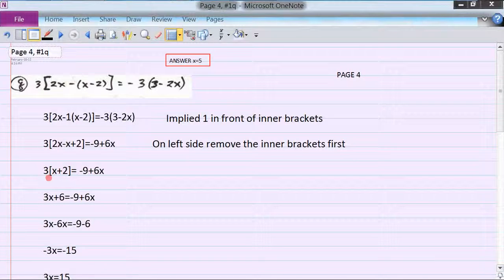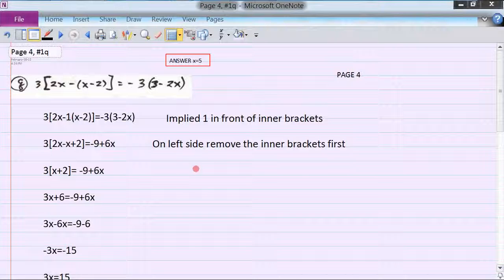Got the 3 here. And this minus 3 times 3 becomes minus 9. And minus 3 times minus 2x becomes plus 6x. Now there is something important here. When you've got two sets of brackets, we got the square brackets here and the rounded brackets inside, always work from the inside out.